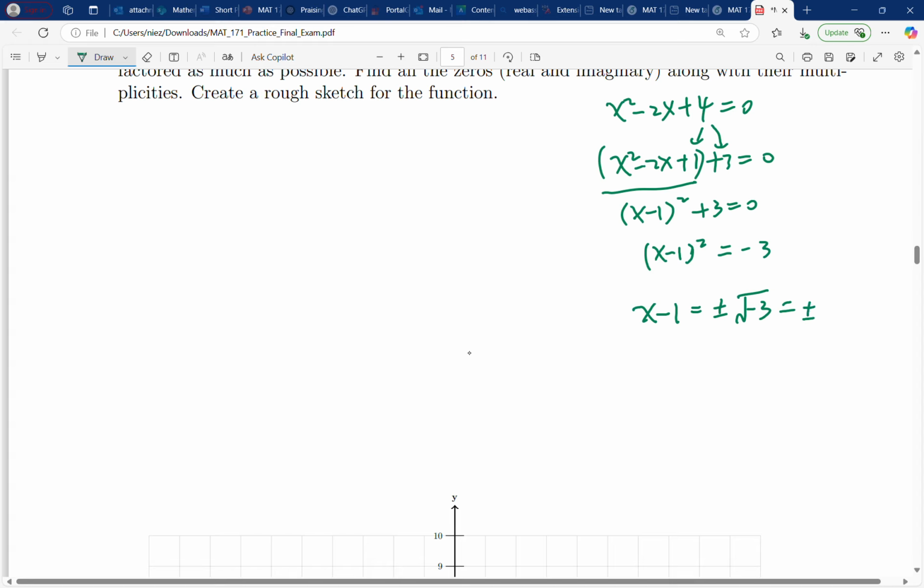And square root of negative 3 is what? The imaginary number, equal to square root 3 i. Maybe I should write it like this: i times square root 3. So now x equals 1 plus or minus i square root 3.